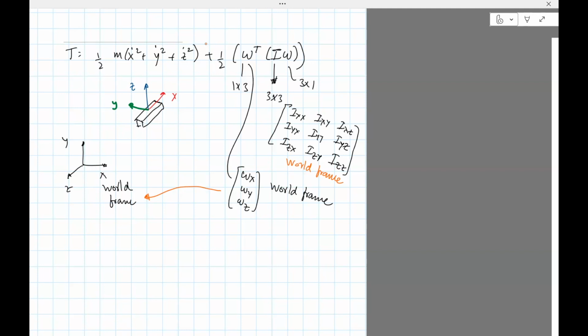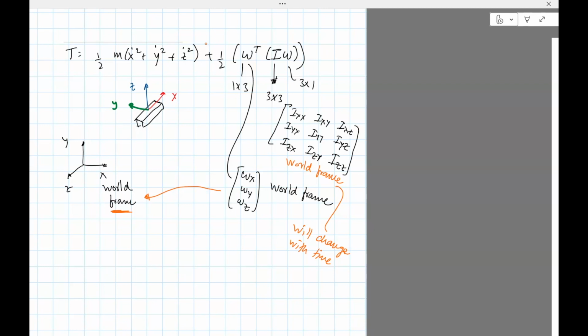As the object rotates, the world frame velocity will change with time, because the object is actually rotating and its angular velocity in the world frame will keep changing.